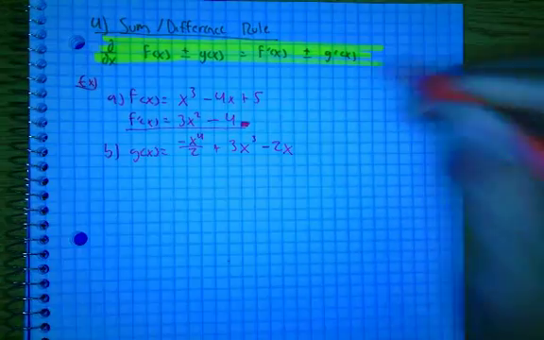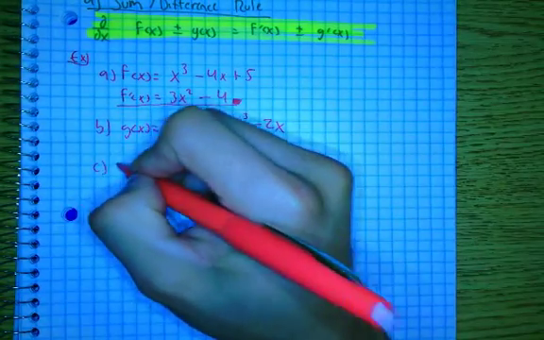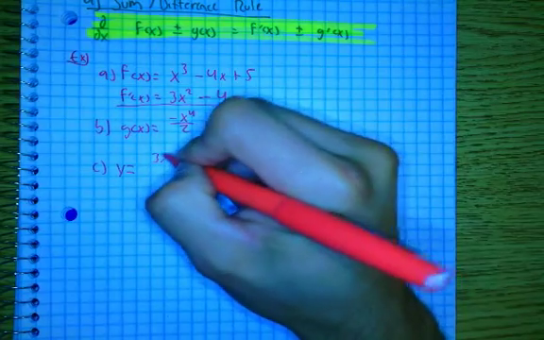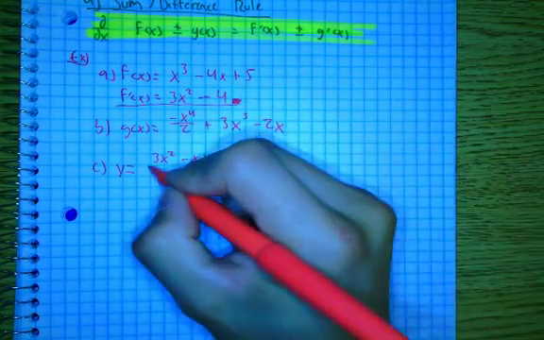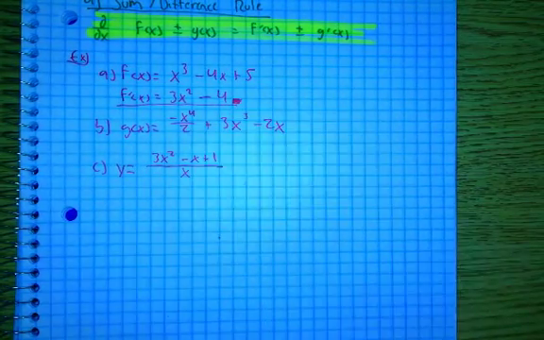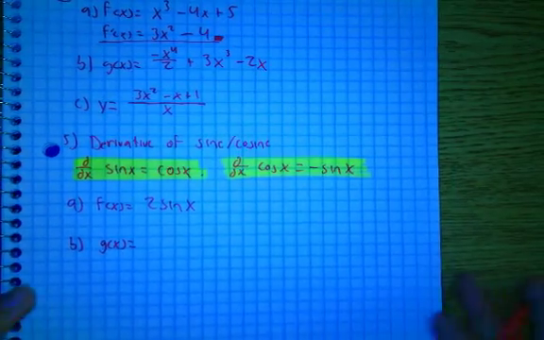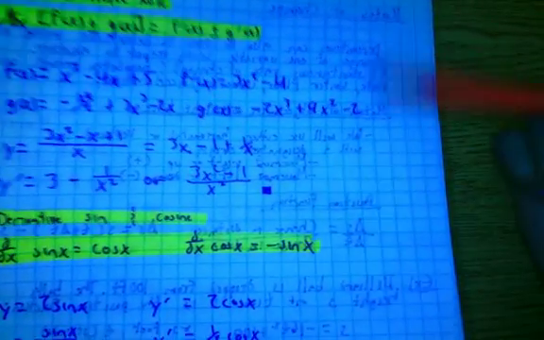So find the derivative of that and find the derivative of this one as well. y equals 3x squared minus x plus 1, all over x. Okay? So try those on your own. I'll be walking around to help you out. Alright, check your answers for the previous ones. Sorry, they're up here. Sorry guys. If you're watching the video, pause it.